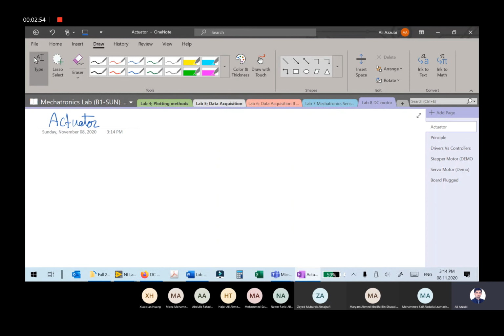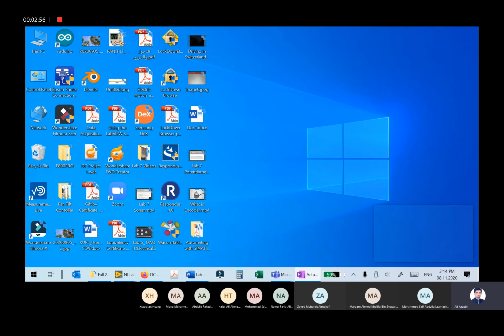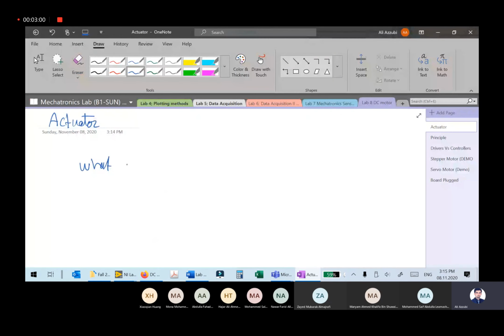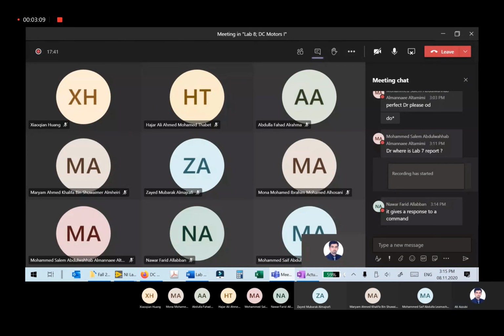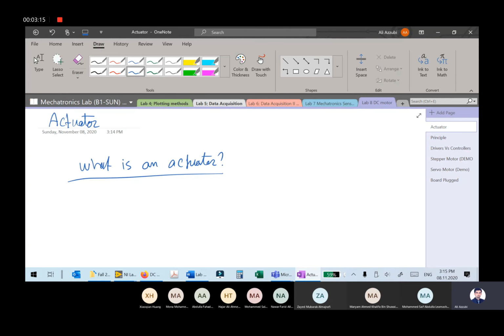I believe you must have heard about the term maybe in the lecture part. What is an actuator? Yeah, a response to a command. This is correct. It's rather generic. An actuator does the actuation.